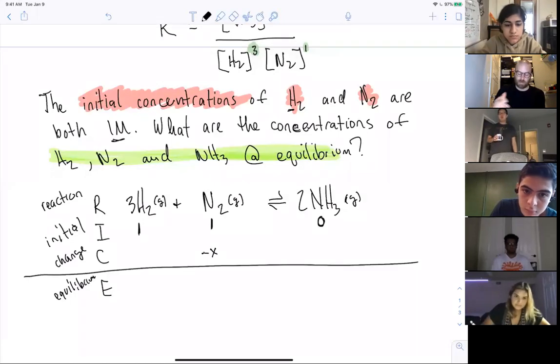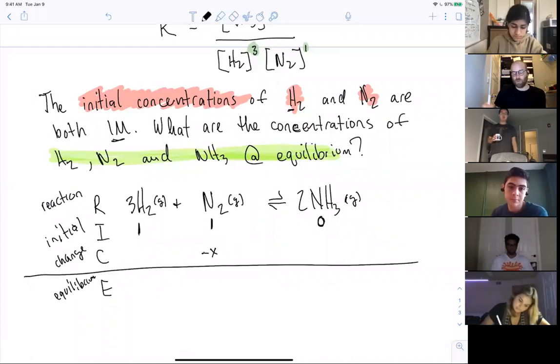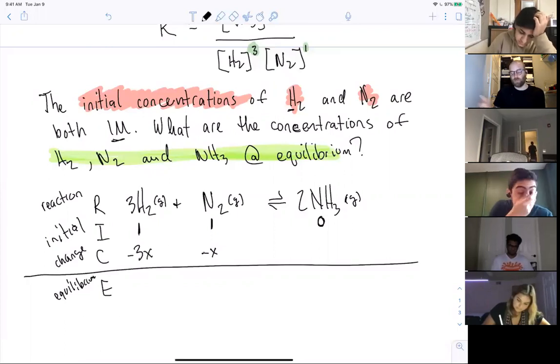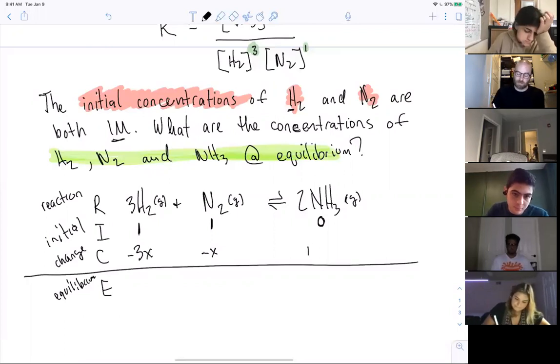So for nitrogen, it's going to be minus X. But for every, let's say, mole of nitrogen that gets converted, I'm going to convert 3 moles of hydrogen. And then for every mole of nitrogen that I convert over, I'm going to gain 2 moles of ammonia.